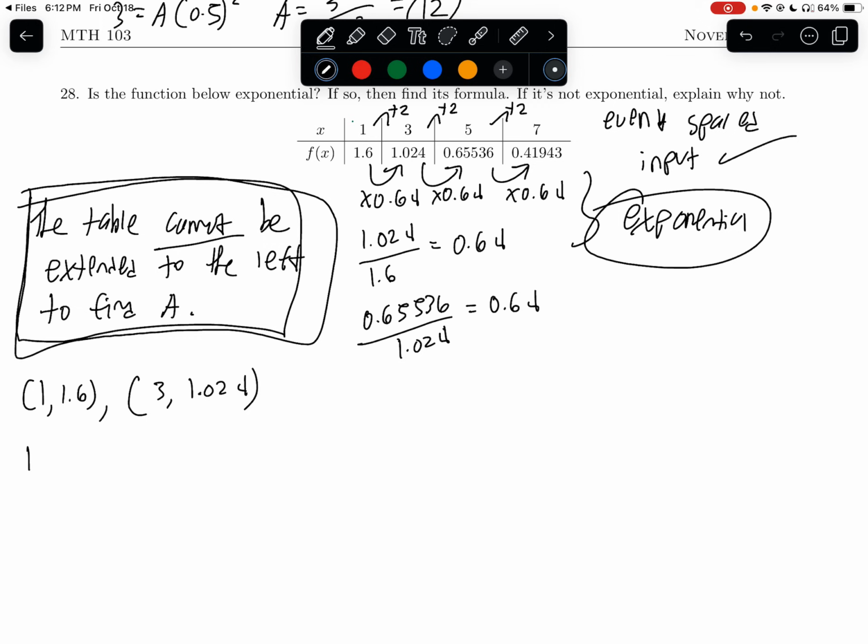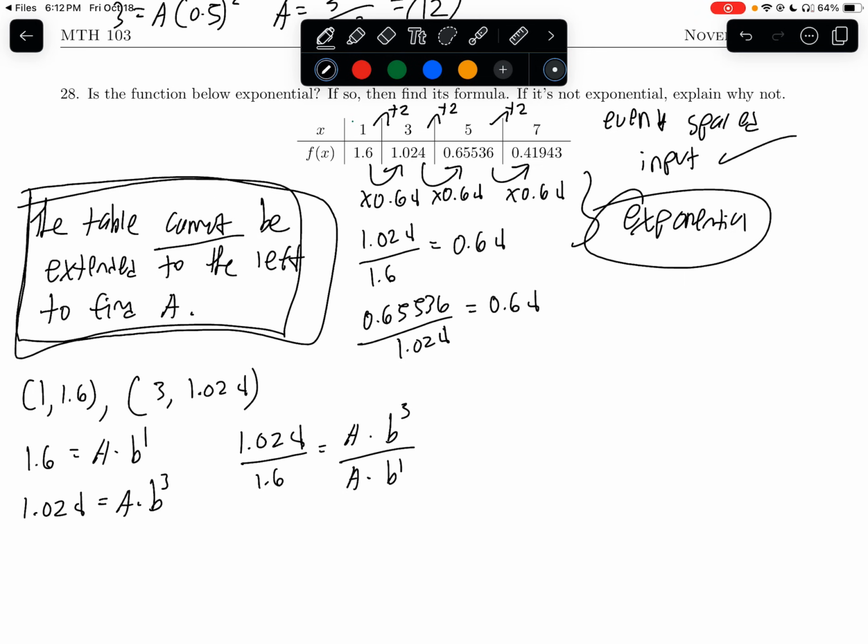And then plug them in and then divide them. So the first one tells me I have this. The second one tells me I have this. And if I put the one with the bigger power on the top, I avoid negative exponents. It's just a little bit easier. So divide by 1.6, a b cubed over a b to the first power, a and a cancels.